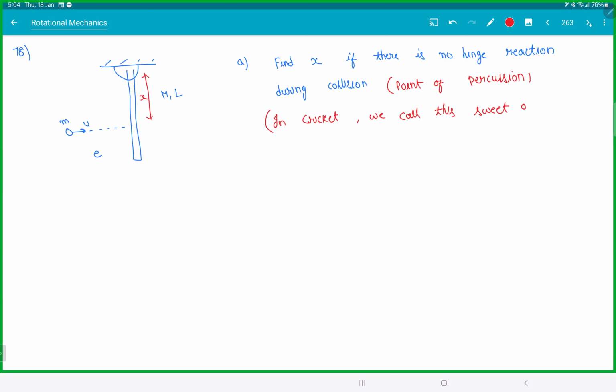Point of percussion is a more technical name. Find x if momentum of the system increases after collision. This will be a good matrix matching.